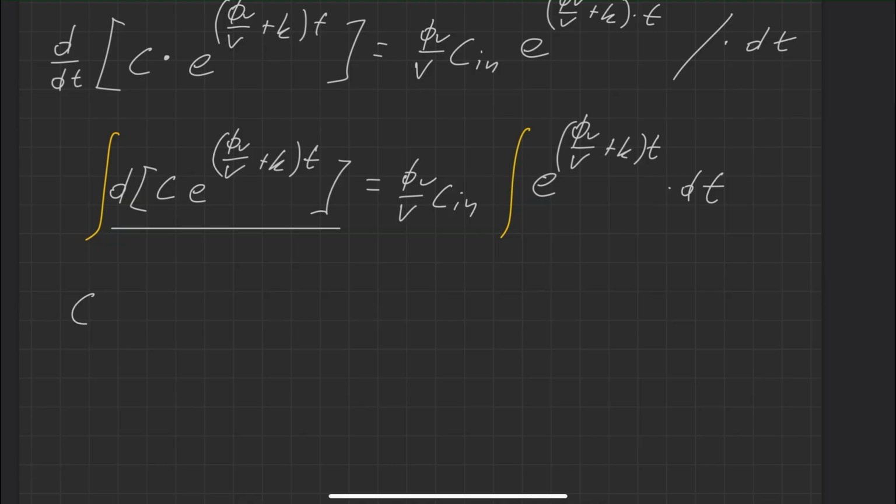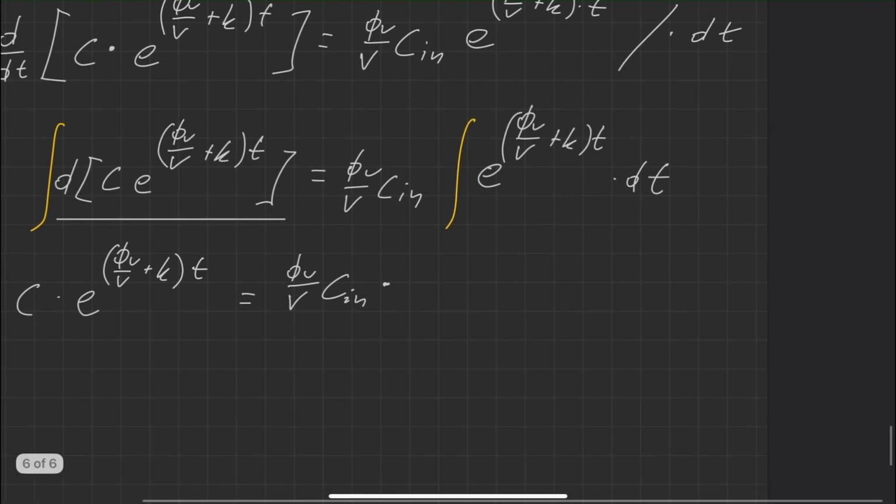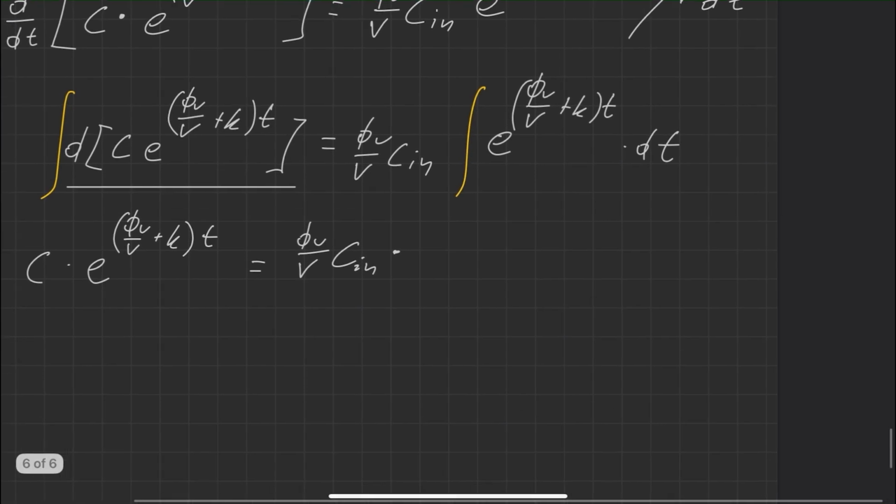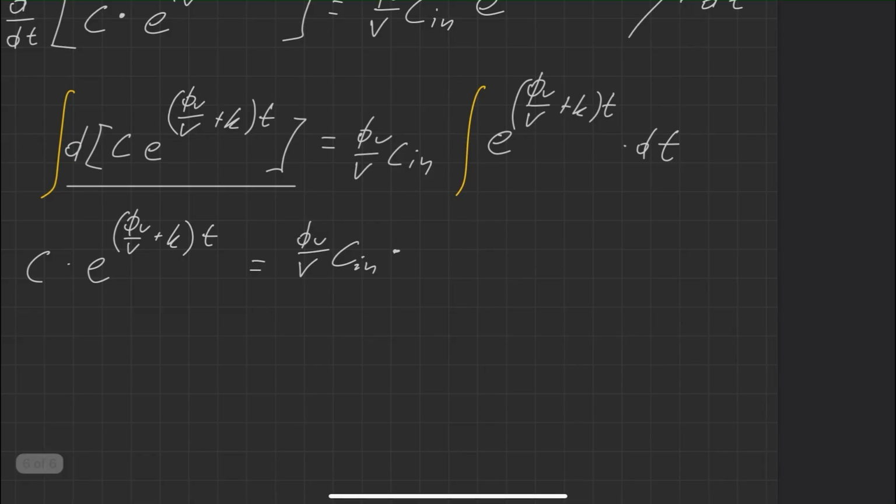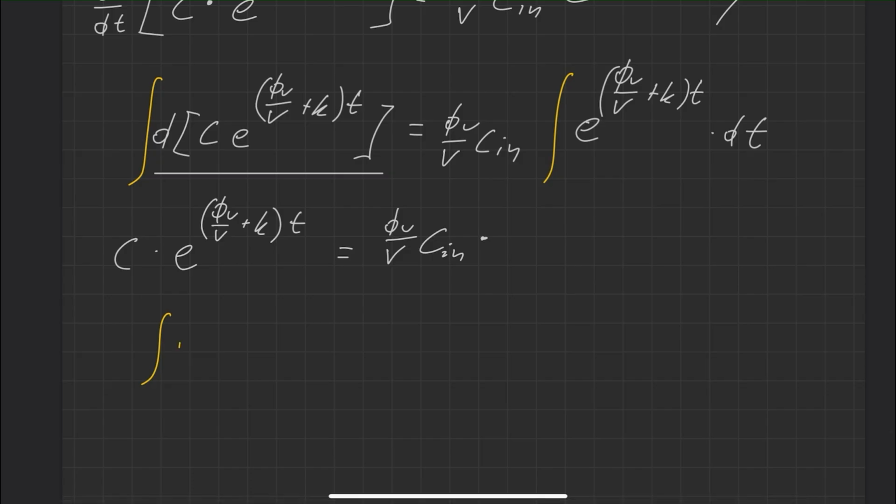So this is C times e to the power of flow rate by V plus k times t equals this constant that we have right here, times, and now please do note that if we have an integral of a linear function, the result is just going to be 1 over a times the antiderivative with the inner function maintained plus the integration constant c.